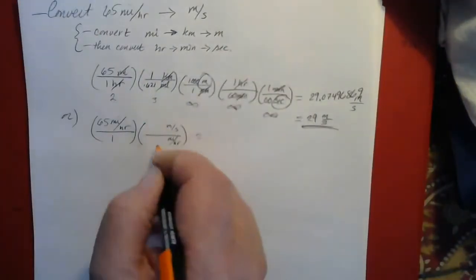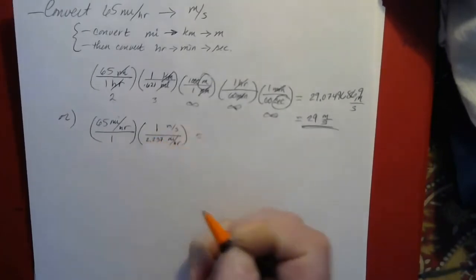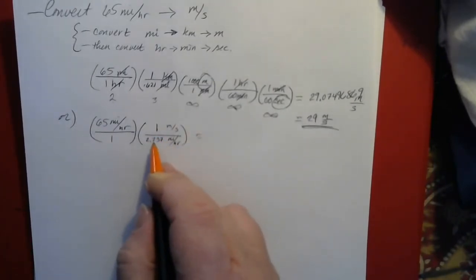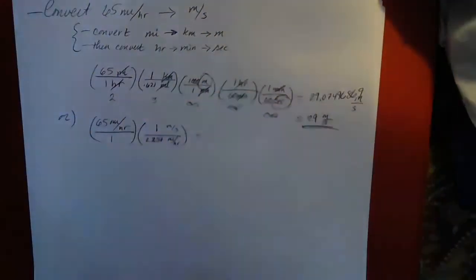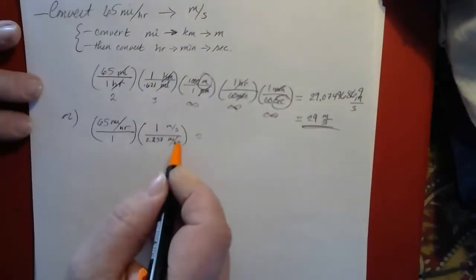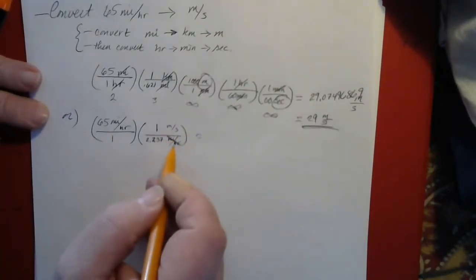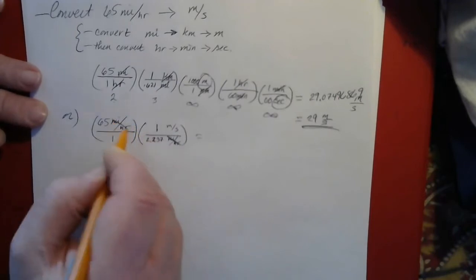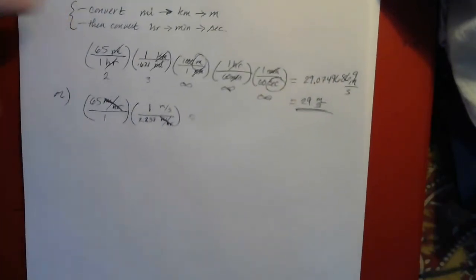And the sheet says 1 meter per second is equal to 2.237 miles per hour. Okay, 2.237. We'll note that the unit miles per hour in the denominator of the conversion factor cancels with miles per hour in the numerator of the first term.